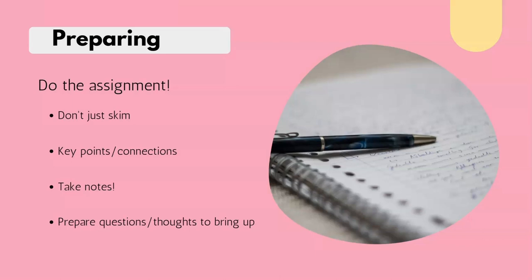Read or watch the assignment closely. Make sure you understand key concepts and look for connections that can be made to previous assignments or class sessions. If there is anything you thought was interesting or you had questions about, make a note about it so that you'll remember to bring it up. Other people might share your thoughts or need clarification.